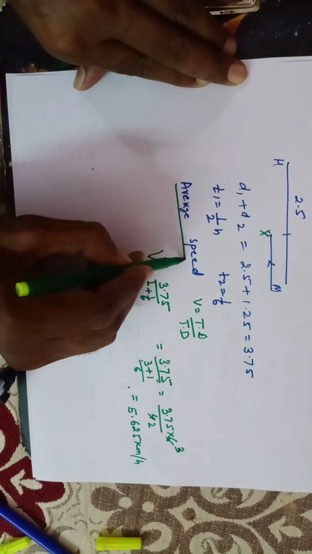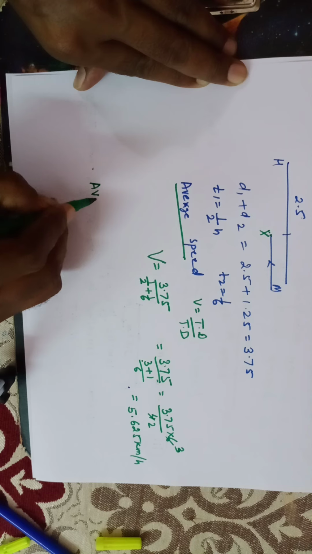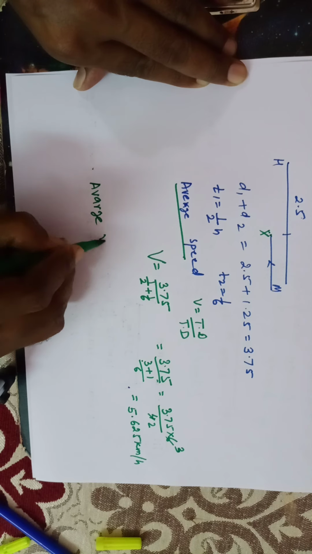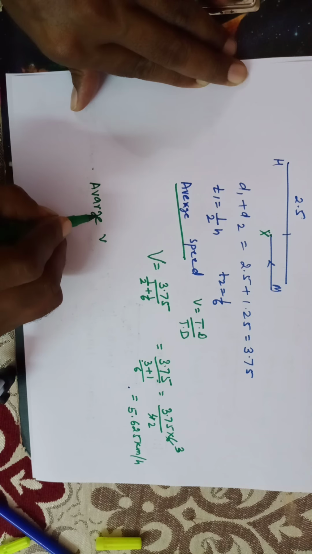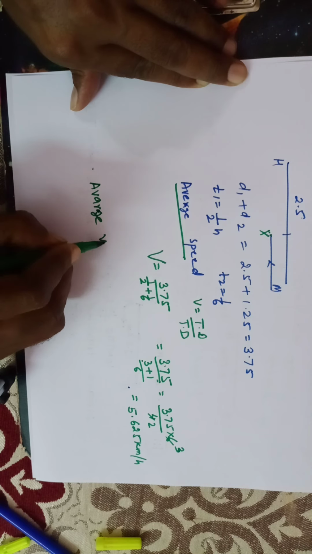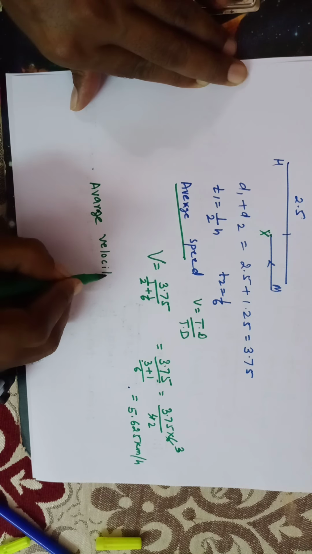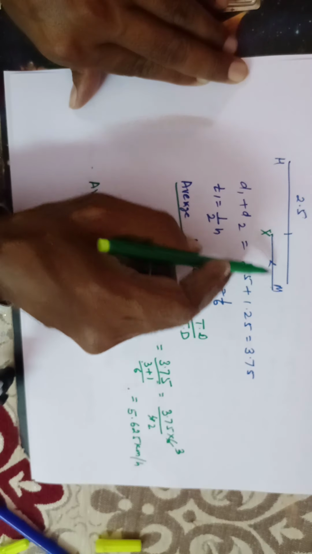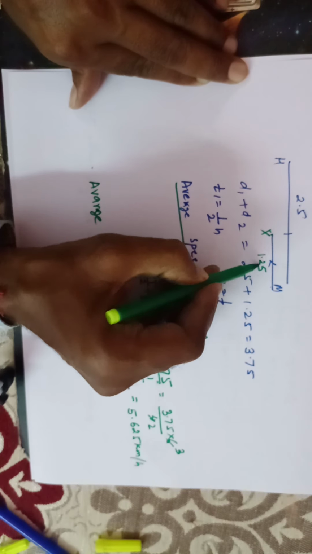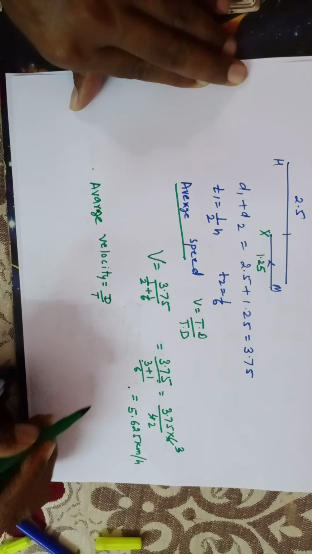This is the average speed. Now what will be average velocity? Average velocity will be displacement upon time. This is 2.5. He returns 1.25. So what remains is 1.25.